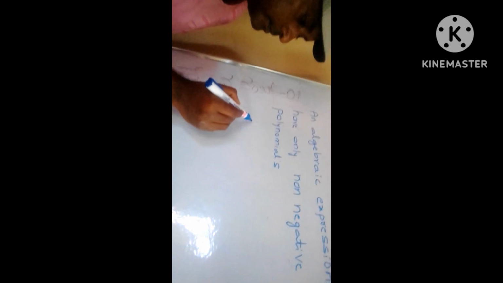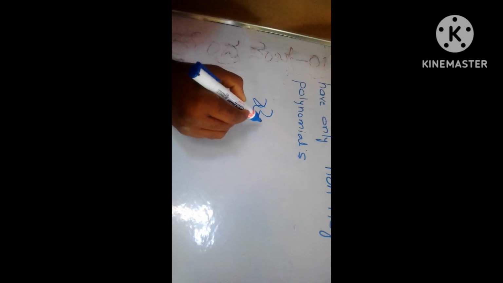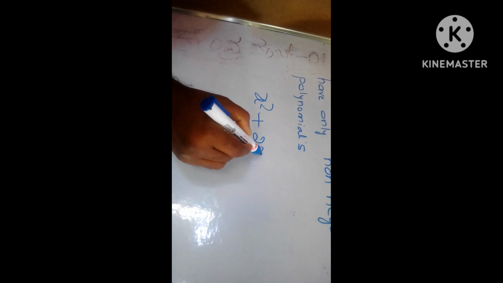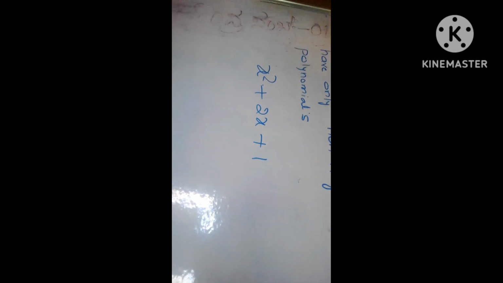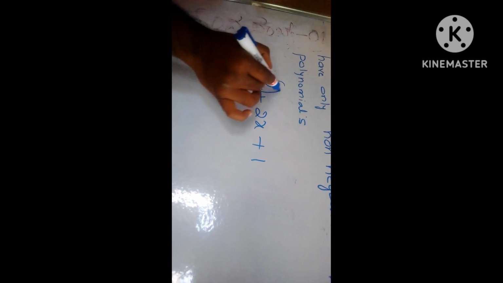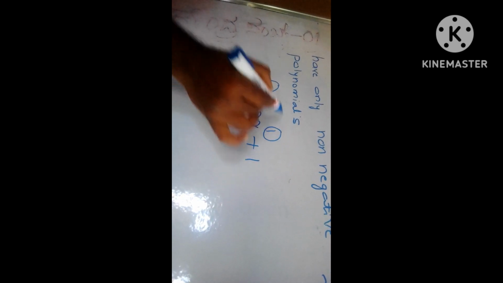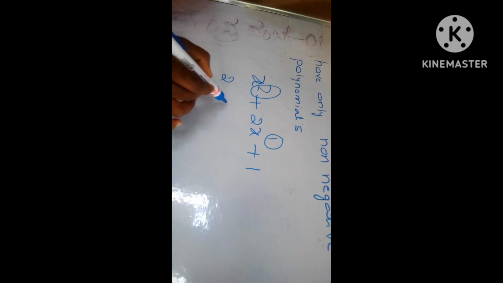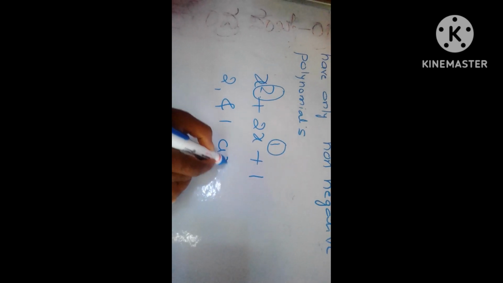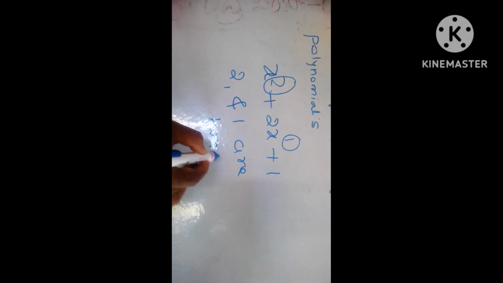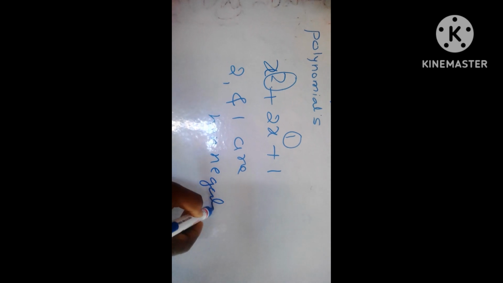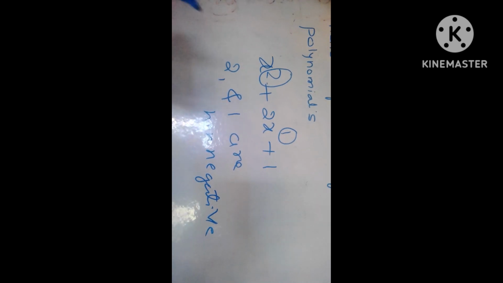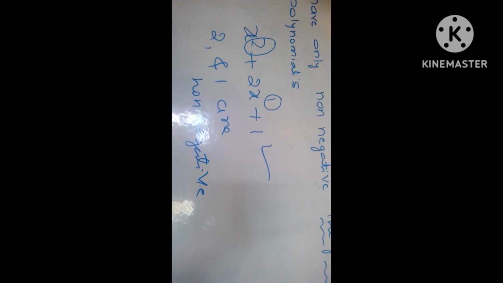For example, consider x square plus 2x plus 1. Here the powers involved, 2 and 1, are both non-negative integers, hence this is a polynomial.